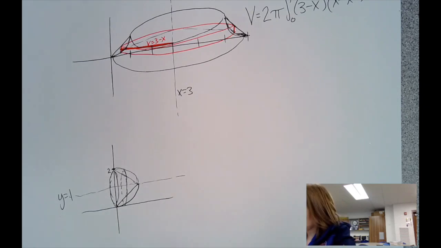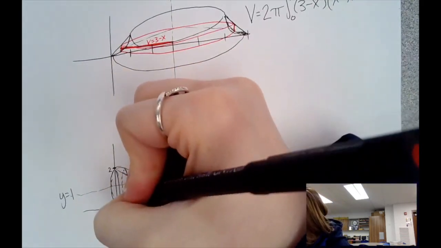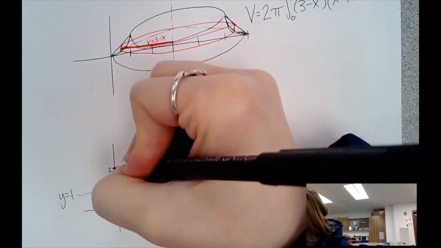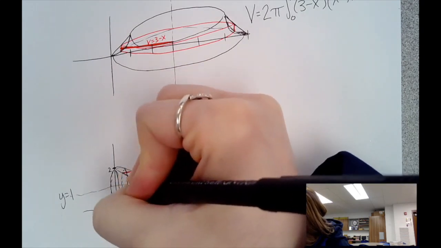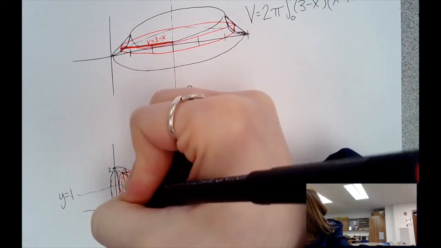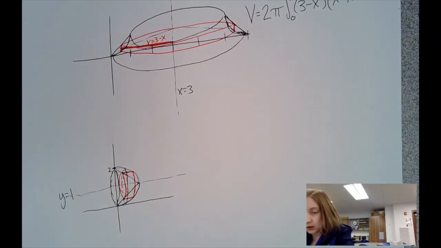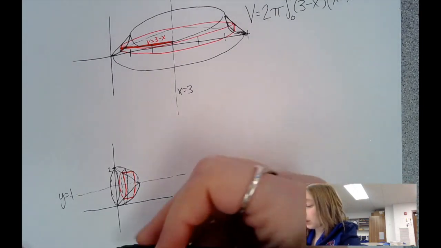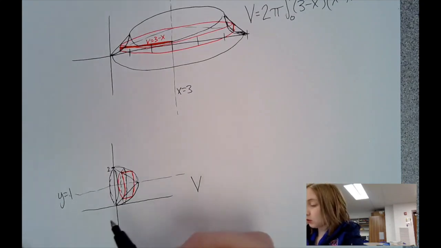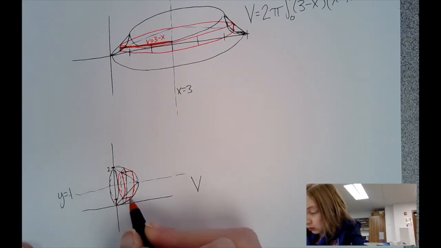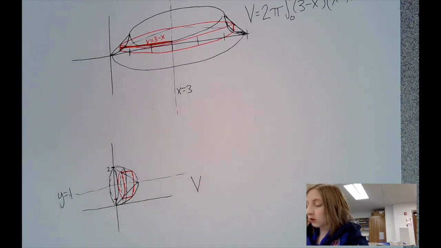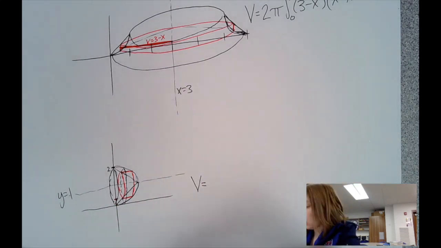If we're going to make cylinders on this thing, they're going to be kind of like this direction on here. This one, again, because we're rotating around a horizontal axis and we're using cylindrical shells, I like to use the side of my shell to think about it. It's super thin in the y direction and has some length in the x direction. That's going to be my height. But it's really thin in the y direction, so I know I'm in terms of y here.